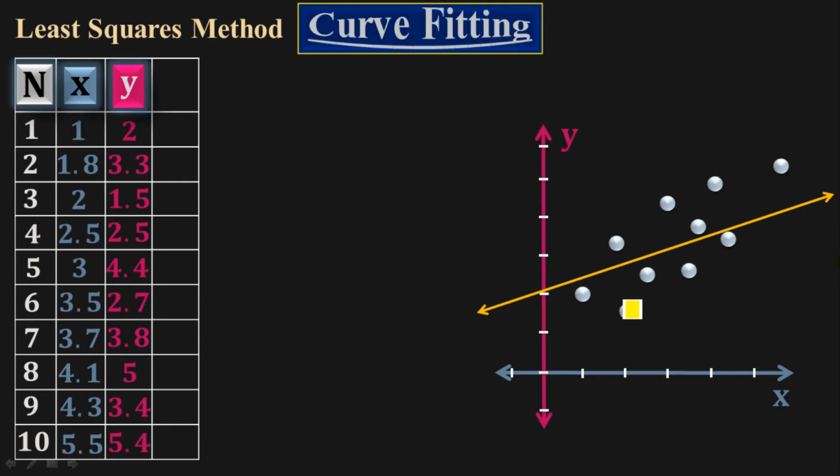When you compare the second point below the curve with the second point above the curve, they are approximately equally away from the curve. But when you compare the third point below the curve with the third point above the curve, there's a big difference. This point is nearer to the curve compared to this point, which is away from the curve.